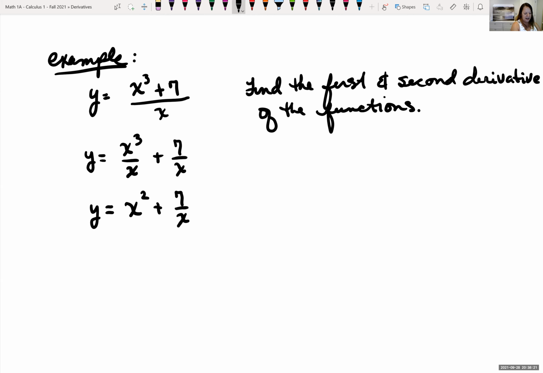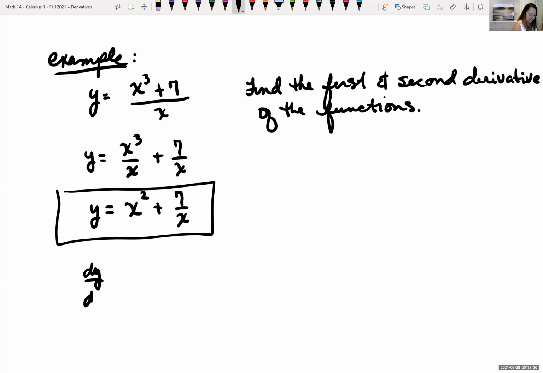So now that I have rewritten my function of y, let's take the first derivative of this, dy dx. If I take the first derivative of the first term, x squared, I bring my power down in front, using the general power rule, times x, and subtract 1 from my exponent.